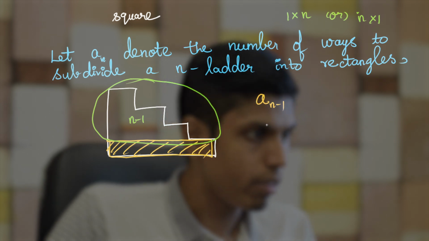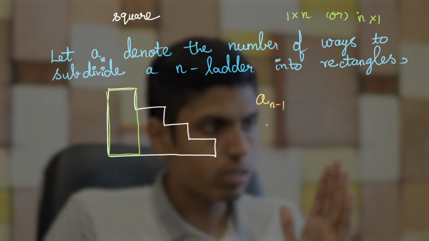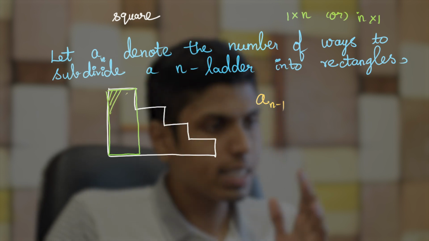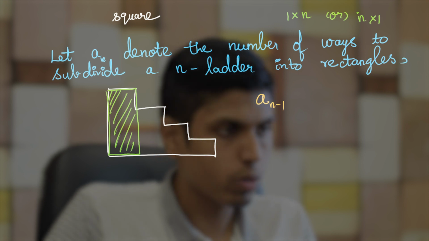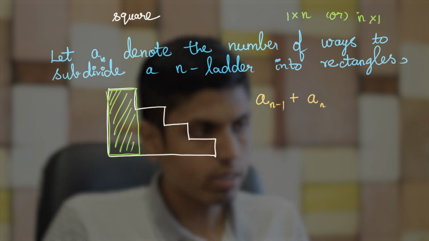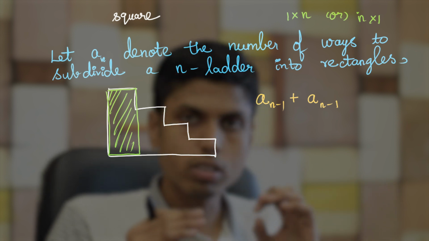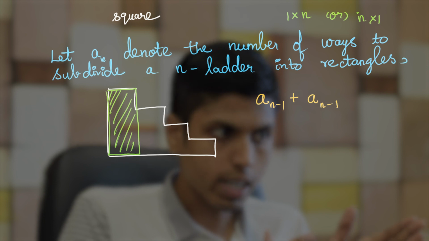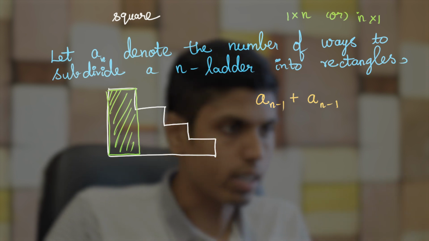Similarly, we can also consider the n cross 1 rectangle, which is vertical, containing the bottom left square, and let's say it is removed, and that remains with n-1, again giving us a_{n-1} ways to divide. And these are independent because the bottom left square is contained in a vertical rectangle here, but in the previous case it was contained in a horizontal rectangle.